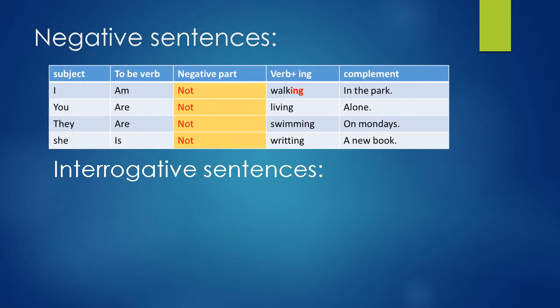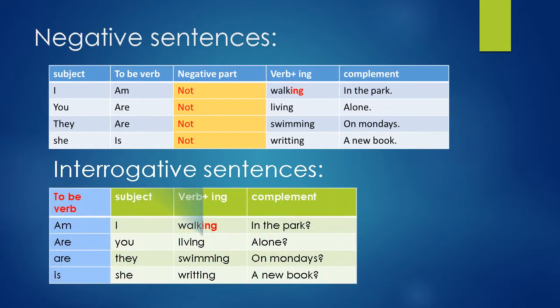Interrogative sentences. We use the chart again and we put emphasis on the to be verb, which now is in the first part of the sentence before the subject. Then this is the verb with ing and finally the complement.